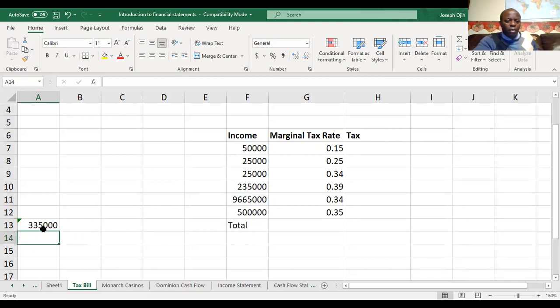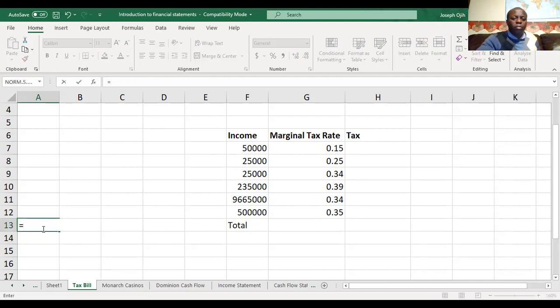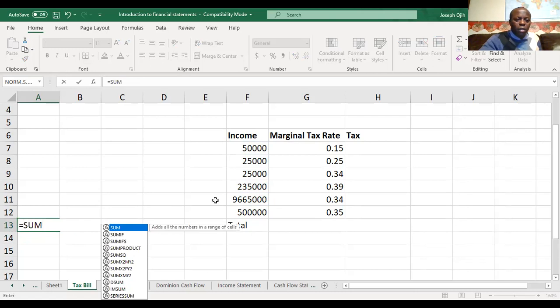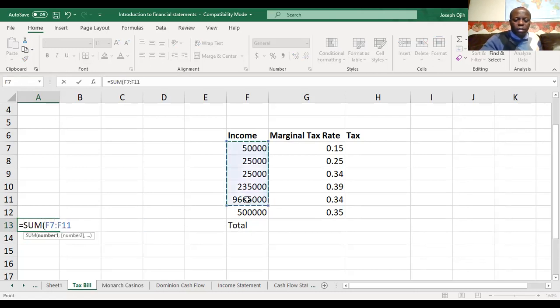Now, if you add this, let me do all of them, all the way to this one here.